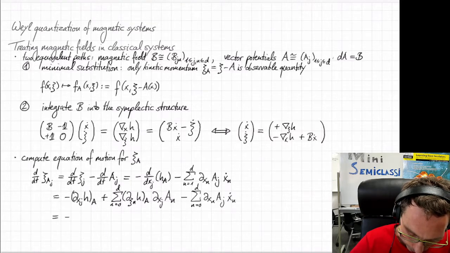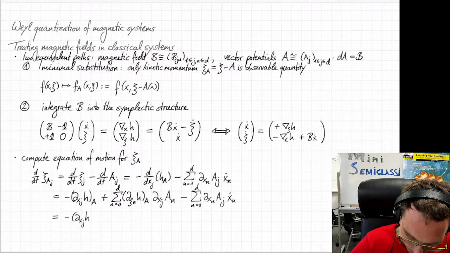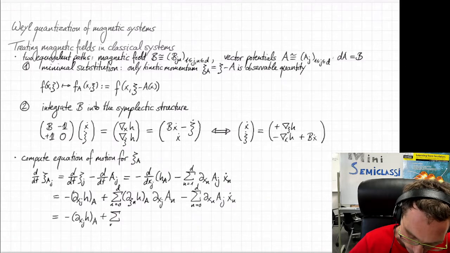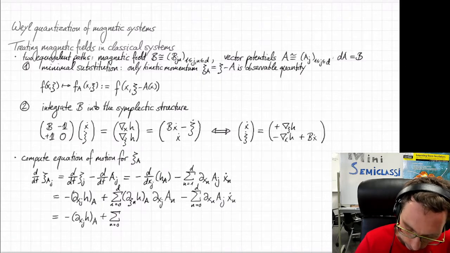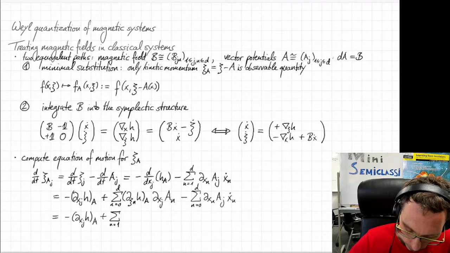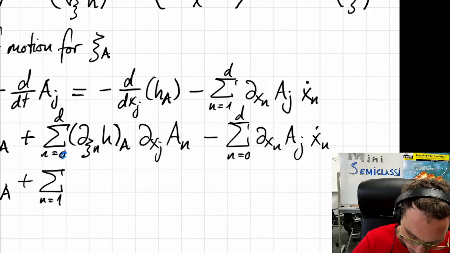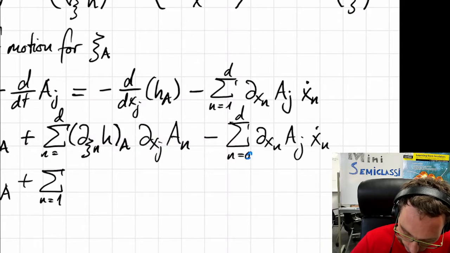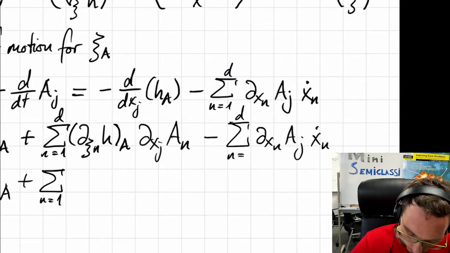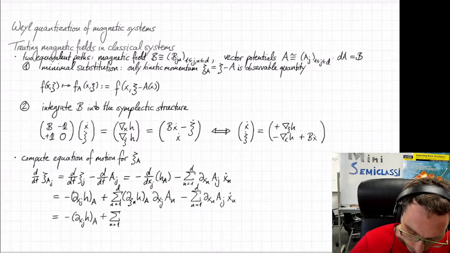So we get minus dxj h minimally substituted plus the sum over n. Sorry, the sum goes from 1, not from 0, up until d.